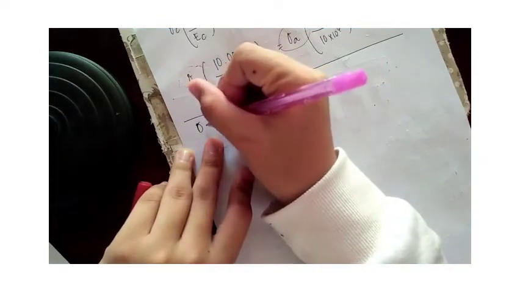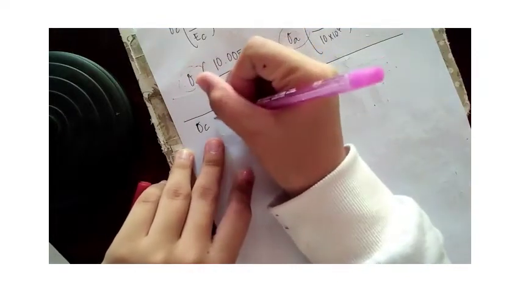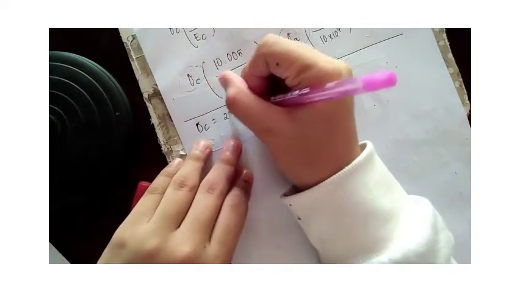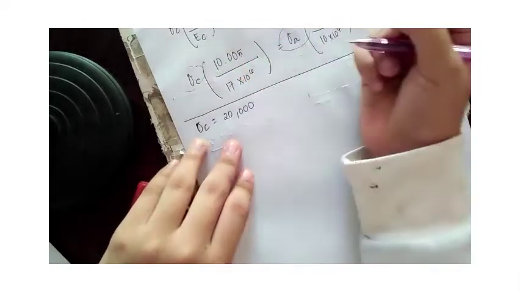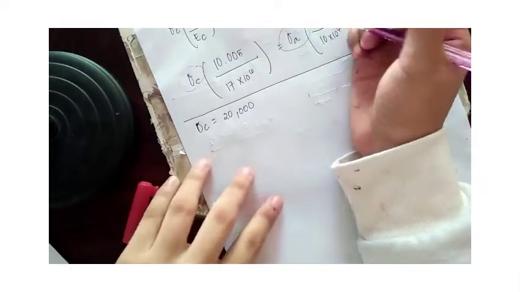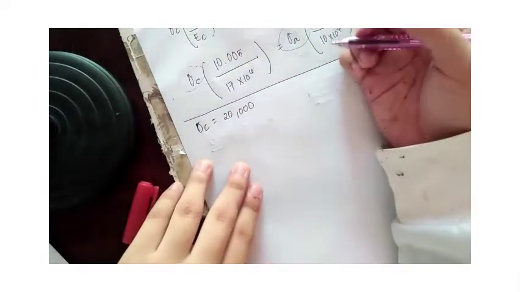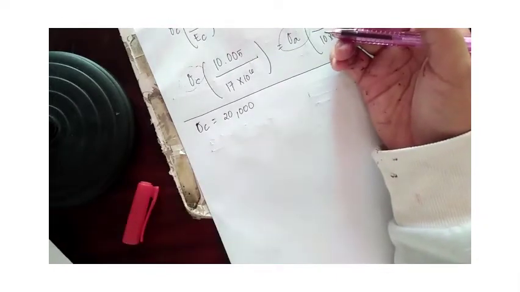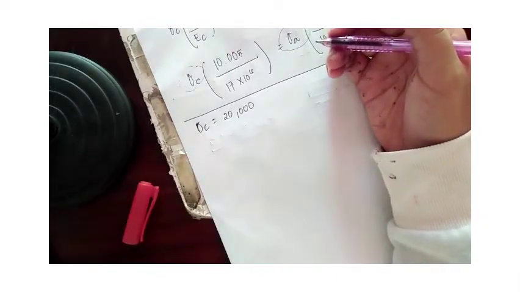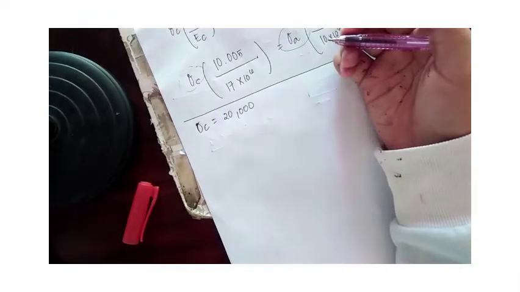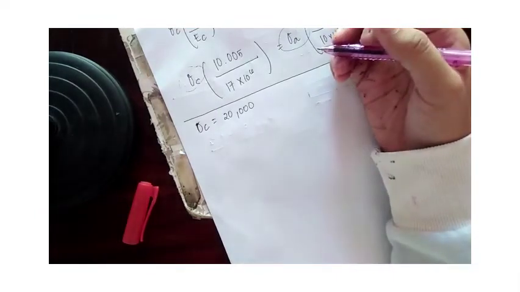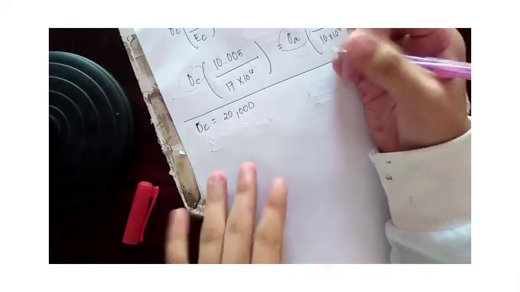Ginamit natin yung value ng copper is equals to 20,000 PSI. So, i-substitute lang natin. Substitute natin yung value ng copper.